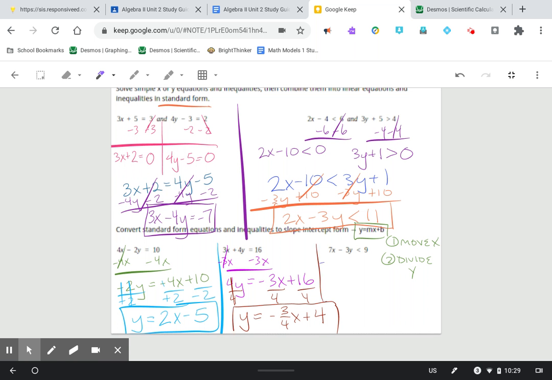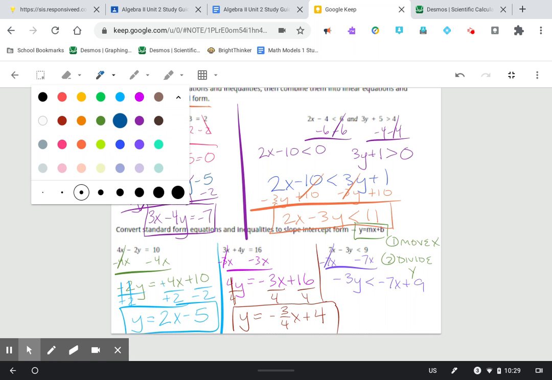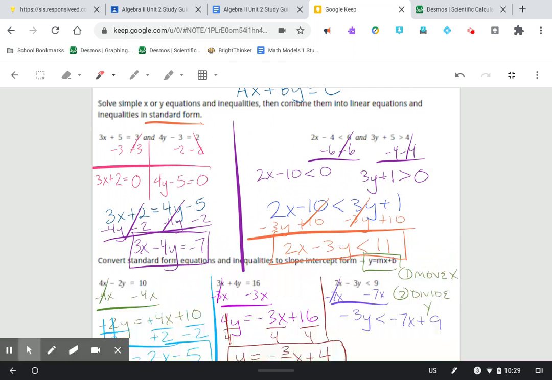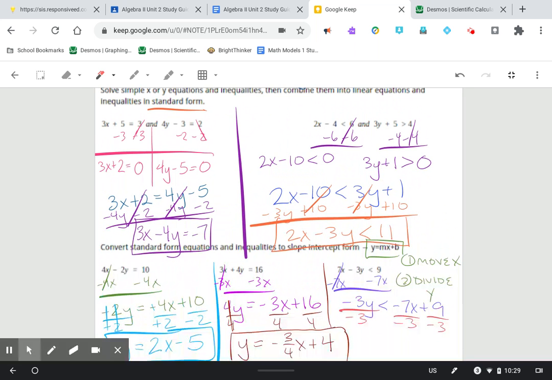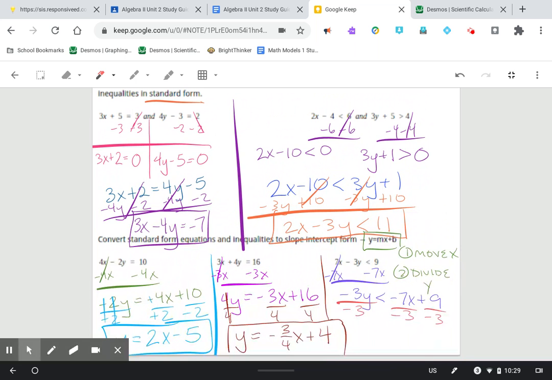One little difference on the inequalities that you have to remember, and I put an example here. When I move my x, when I go to divide the negative 3, I have to remember that when that happens, I end up needing to do something about the fact that I divided by a negative.